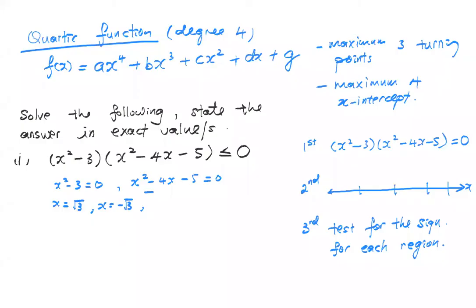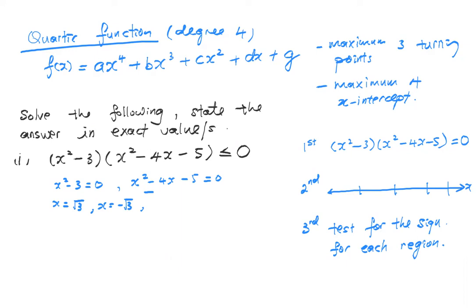Okay, so I break into 2. The product of the 2 equal to 0. So either one of them can be 0. So from x squared minus 3 equal to 0, I get 2 answers. That is x equal to root 3 or x equal to negative root 3. Then from x squared minus 4x minus 5 equal to 0, I can just key into my scientific calculator. I don't have to factorize.